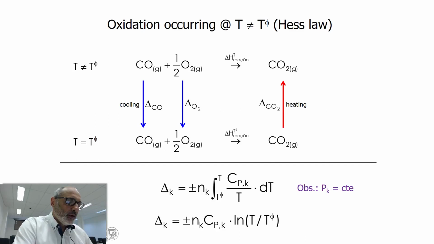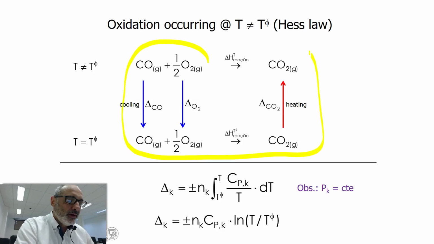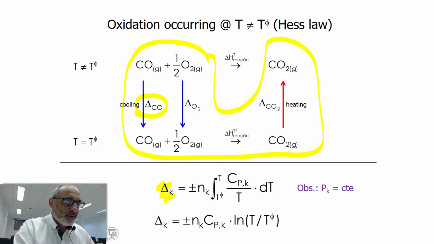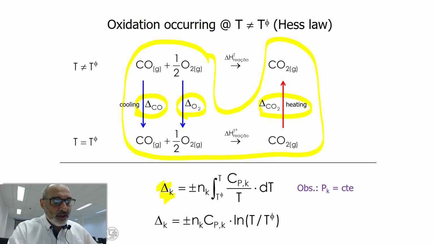Instead of applying the first law of thermodynamics in the direct sense, we're going to take a detour, and we're going to apply the first law here. So it is exactly the same. Only that now the variations of entropy associated with cooling and heating, I can still calculate in terms of the definition.